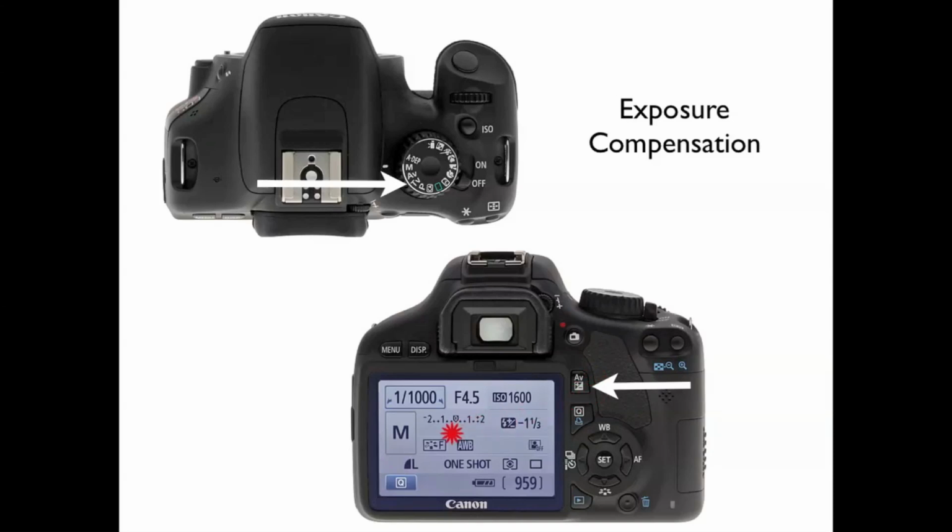And at that point, you can intentionally over or underexpose your image. Once you've decided if you want to underexpose your image a little bit or overexpose a little bit, you would change the option by pushing this button here and then hitting set.